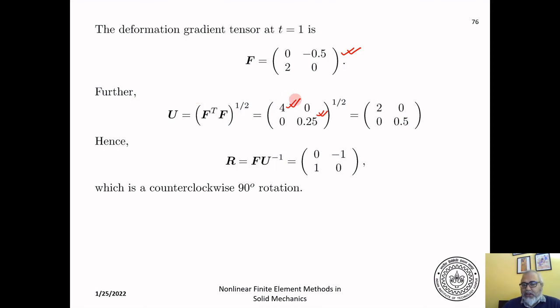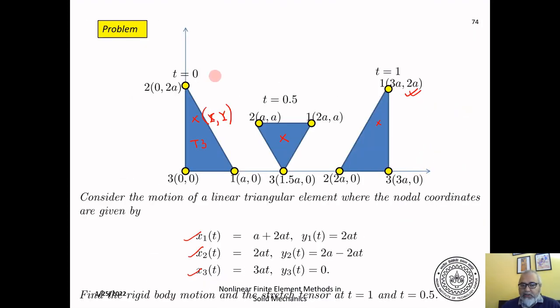Since your C comes out to be diagonal in this case, this motion is easy to understand. Remember, F is R times U, and you first apply U, which is you stretch things 2 times in the x direction and compress them by half in the y direction. So if you go to your initial configuration, these dimensions you double, and you halve it here.